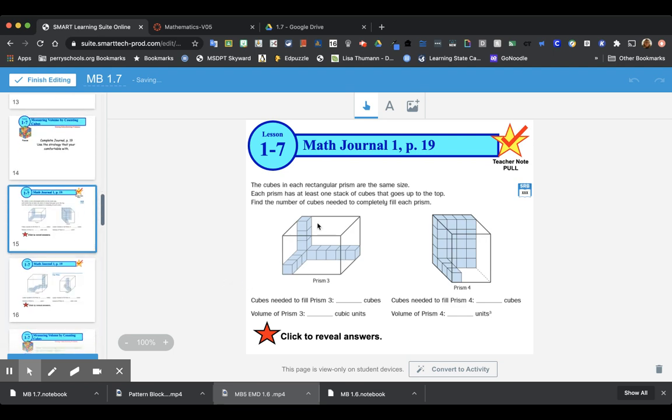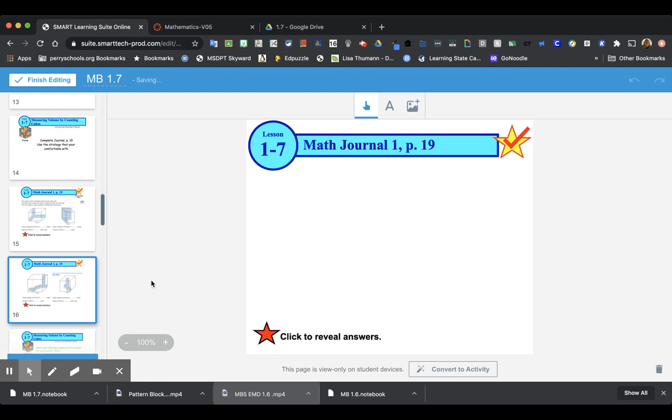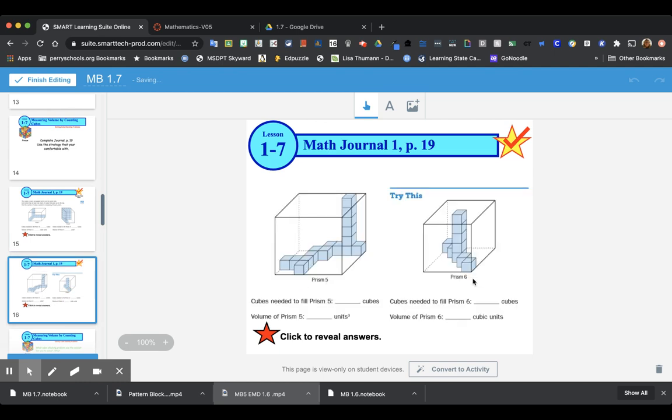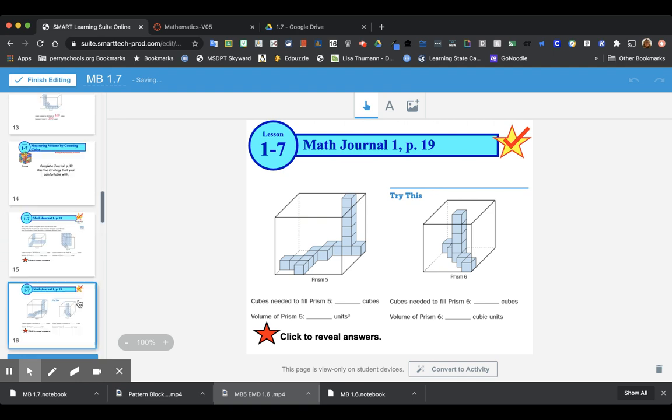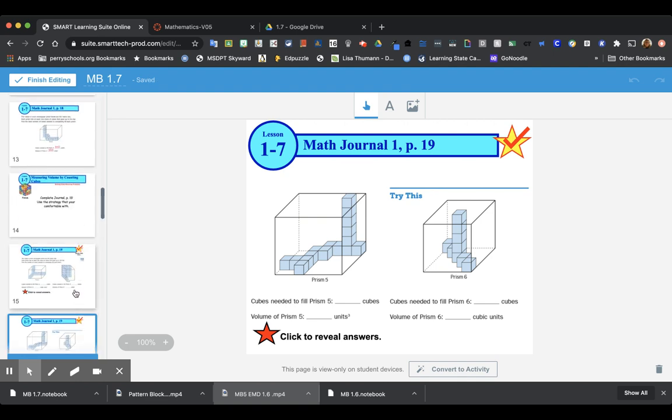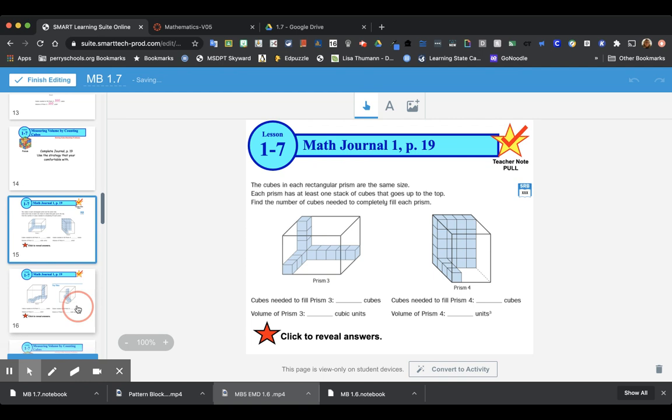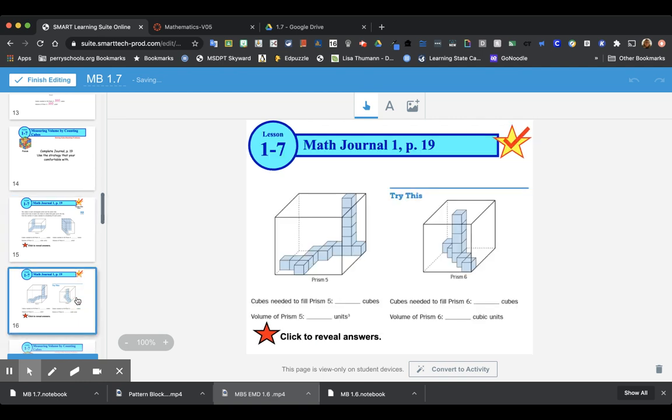So you'll see we have prism 3, prism 4, 5, and then 6 is a try this. So I'd like you to go ahead and try that one. Then come back, pause your video here, and we'll come back and check our answers for 3, 4, 5, and 6.